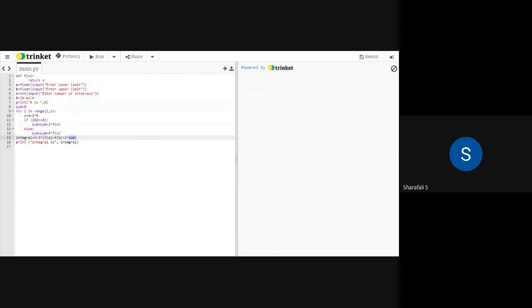And 2 times y2 plus all those things will come, right? Yeah, I think this 2 is not required, right? That 2 is not required, I think. Let me see that.